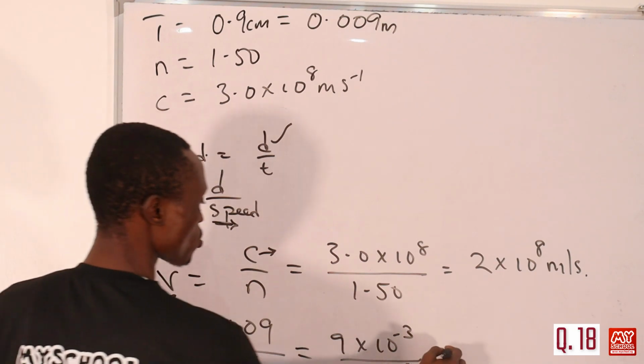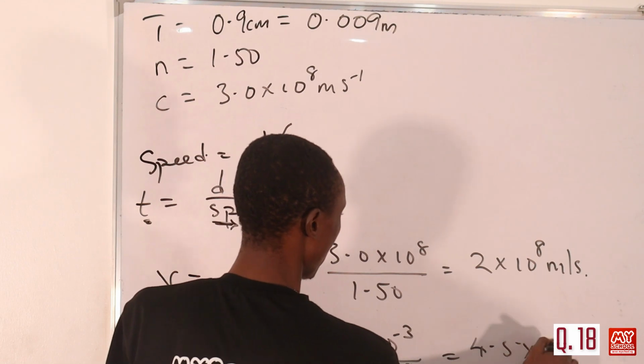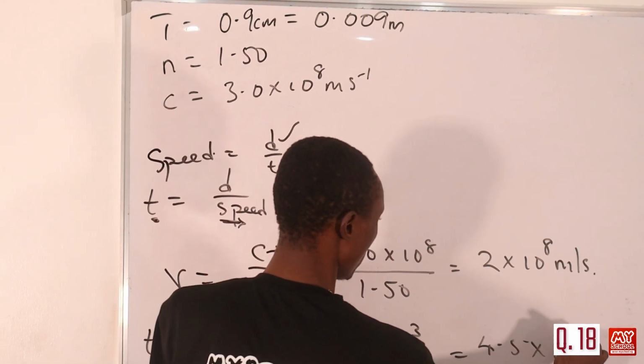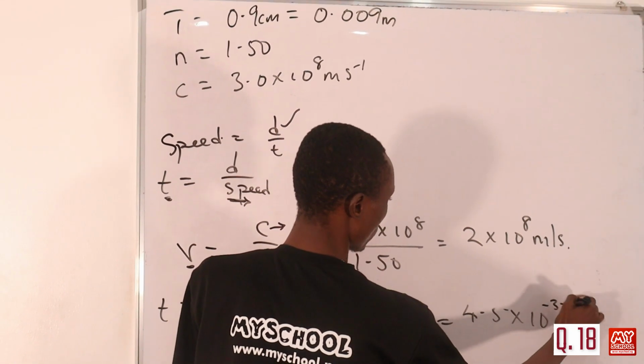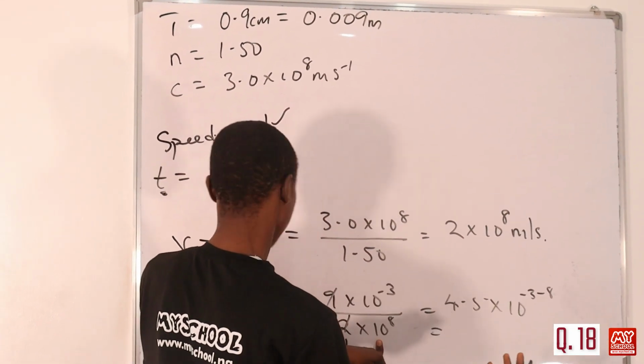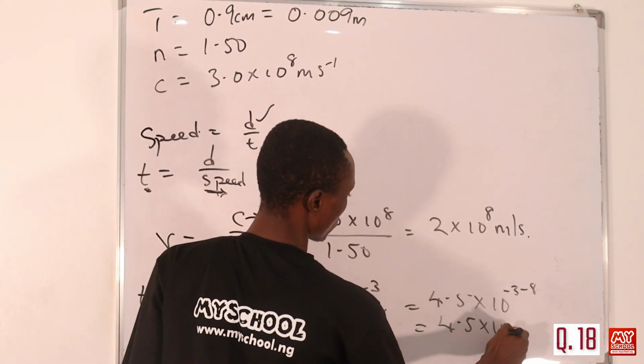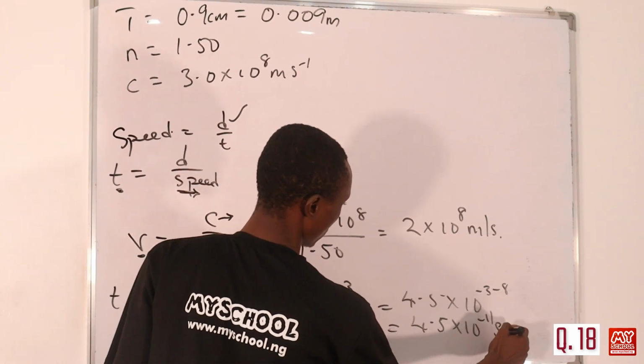If we divide 9 by 2, that gives us 4.5. If we apply our law of indices, we have minus 3 minus 8, which is equal to minus 11. So the time is equal to 4.5 times 10 raised to power minus 11 seconds.